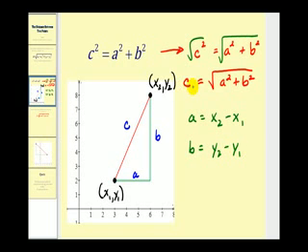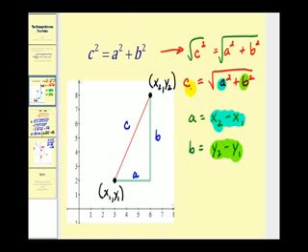So the only difference between the Pythagorean theorem as we see here, solve for c, and the distance formula is we're substituting x sub 2 minus x sub 1 for a, and we're substituting y sub 2 minus y sub 1 for b. So if we perform these substitutions, we'll have the exact distance formula we just showed on the previous screen.